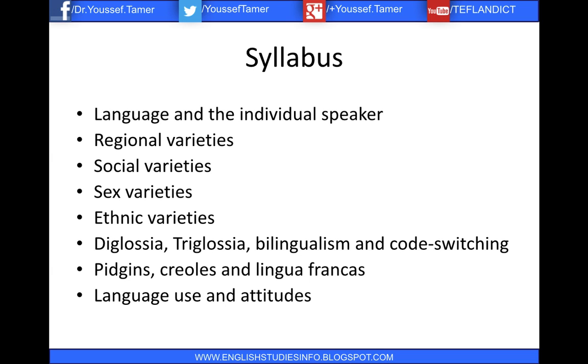Another thing that we'll try to deal with is language use and attitudes. That is to say, how people use dialects, languages, and the attitudes of the people with regard to the languages we have.